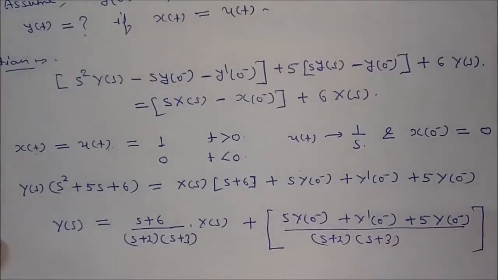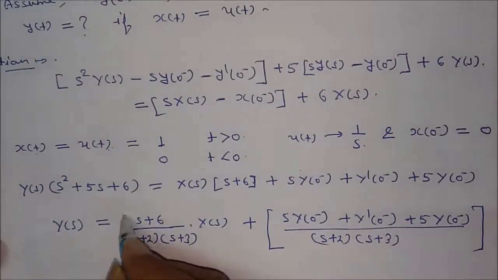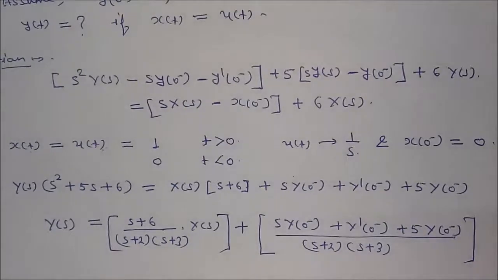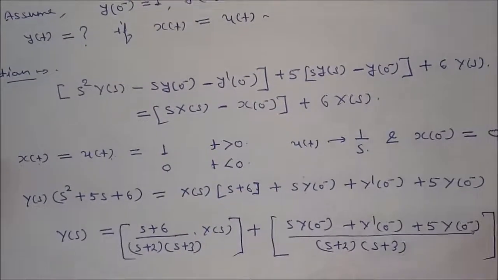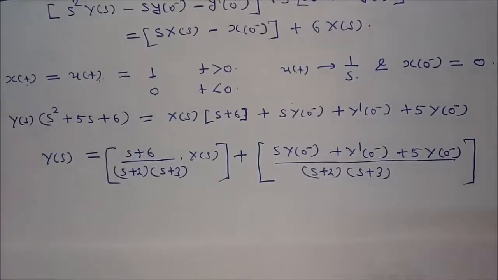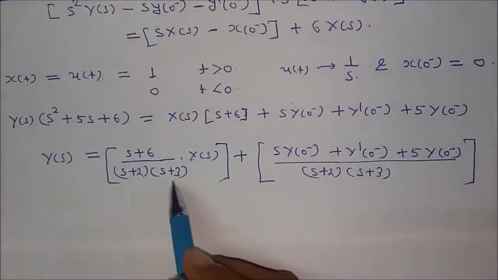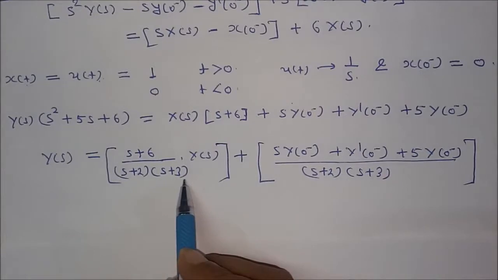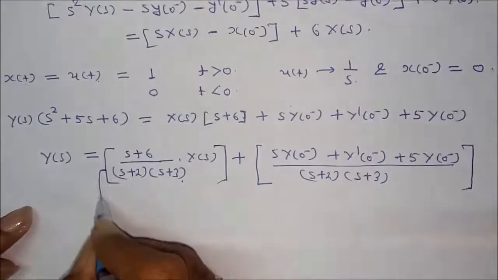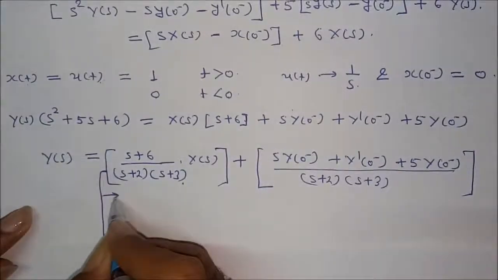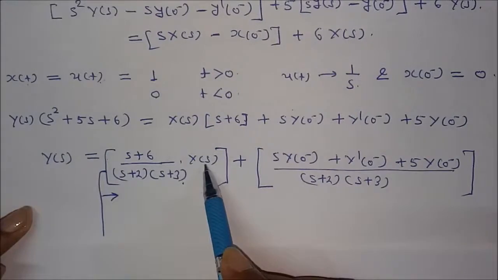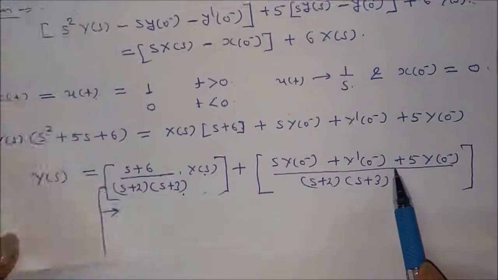What is this? If you see here, you are getting two things. First one is what? This response is known as forced response. This section has different names. This response is due to only X(s).